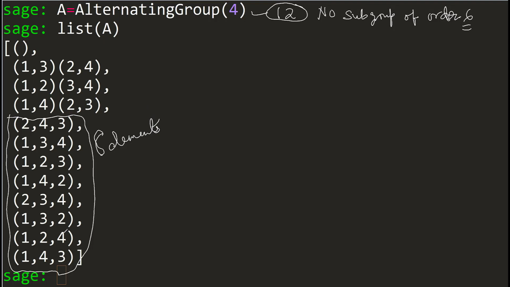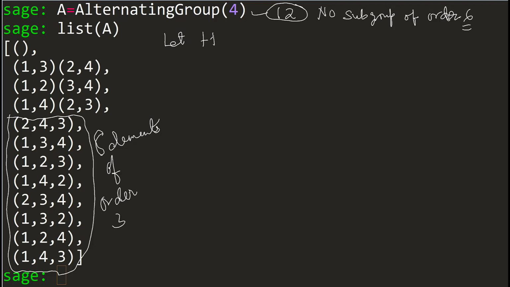So 3-cycle means what? There are 8 elements of order 3 each, right? Okay. So in this case, what will happen is this. Let's assume the opposite.